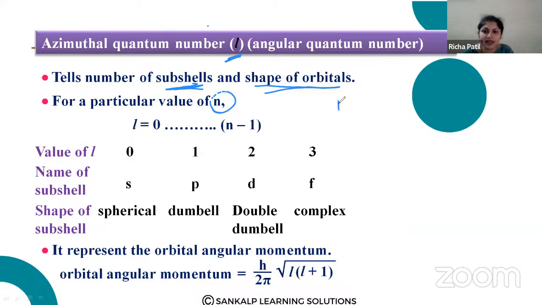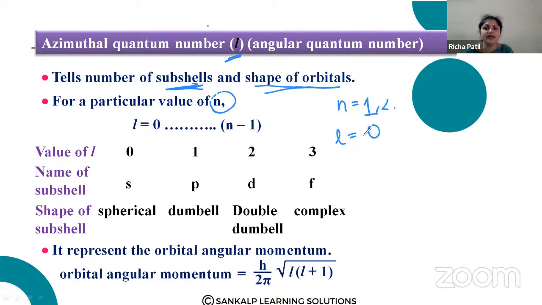For example, n will go from 1, 2, 3, etc., and L will start from 0. If n is equal to 1, what will be the value of L? L will be 0.